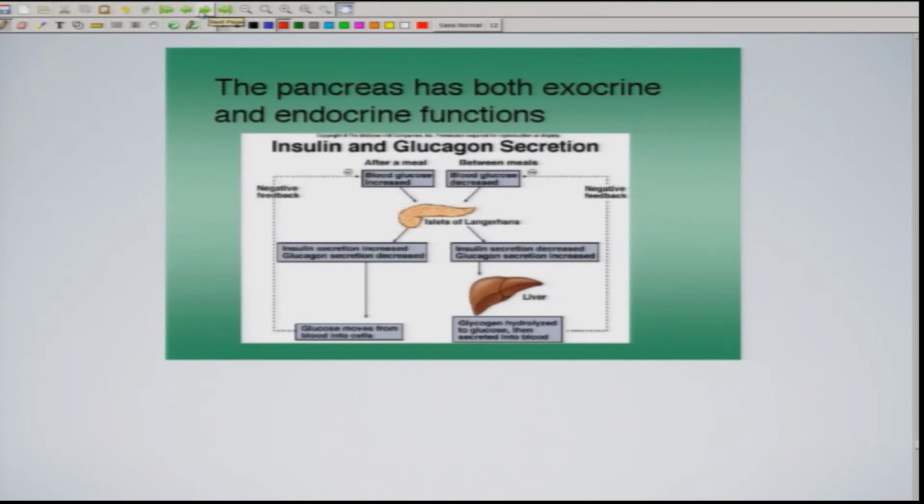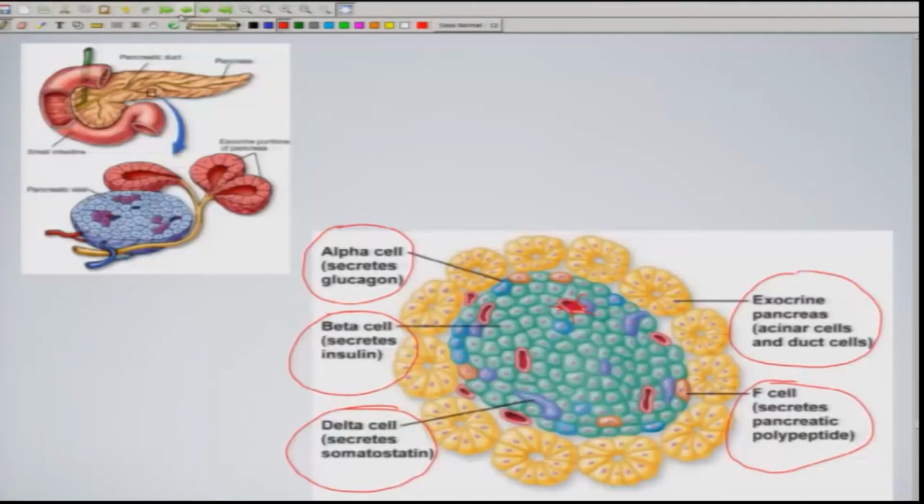Now, insulin and glucagon secretion, it's a very interesting negative feedback loop. So, after a meal, the blood glucose increases, islet of Langerhans cells secrete insulin. At this time, glucagon secretion, if you remember, the glucagon is coming from here, okay? Alpha cell secreting glucagon and beta cell secreting insulin.